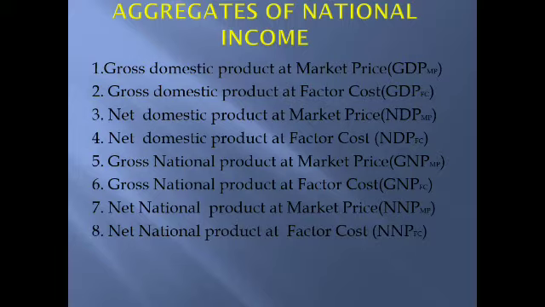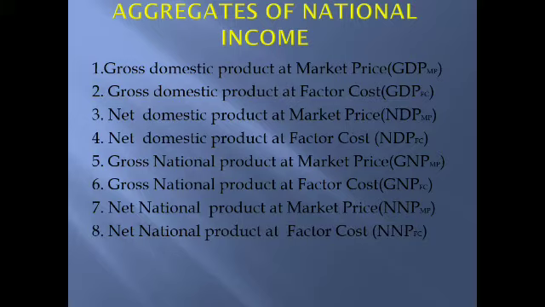You must know these aggregates very thoroughly, and it is very easy to learn and remember them. You see the first two, that is gross domestic product at market price and factor cost. So first and second one is what? Gross domestic product. One is at market price, other is at factor cost. The third and fourth, you see, that is net domestic product. Third one is at market price, fourth one is at factor cost.